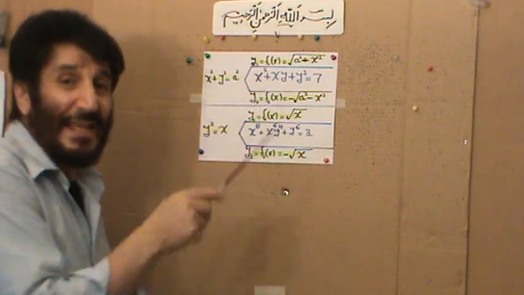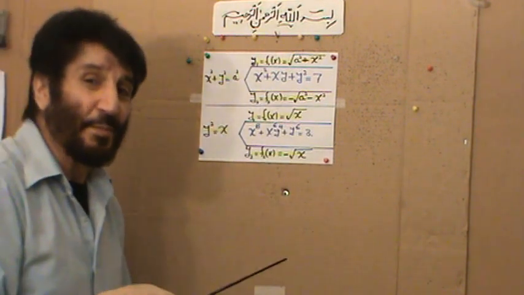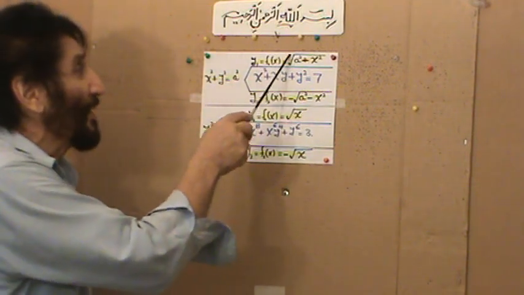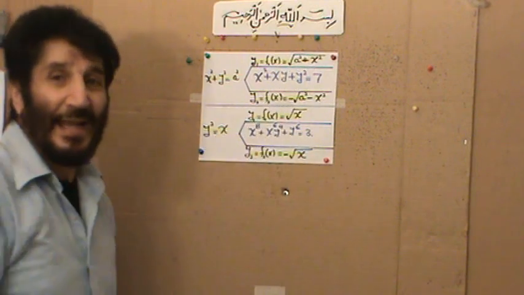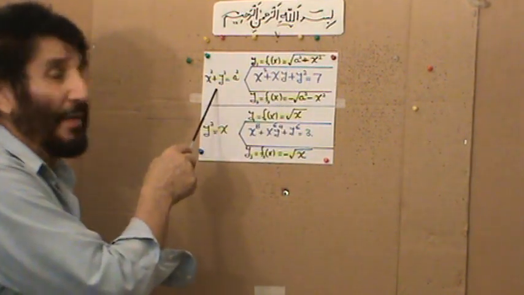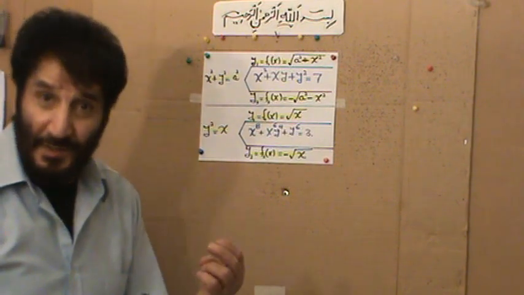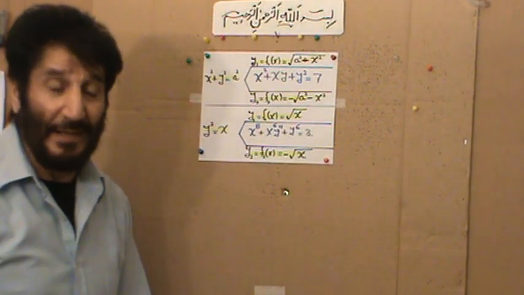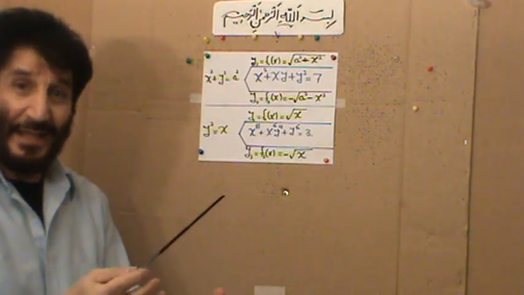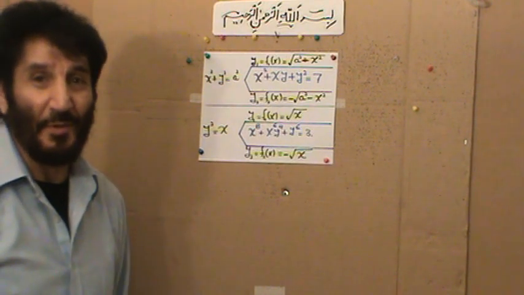I say y is a function of x, with the rule of correspondence between x and y being the square root of a squared minus x squared. So I take the equation of the circle, which is not a function but a relation, and two explicit functions can be derived out of it by simple algebraic manipulation.